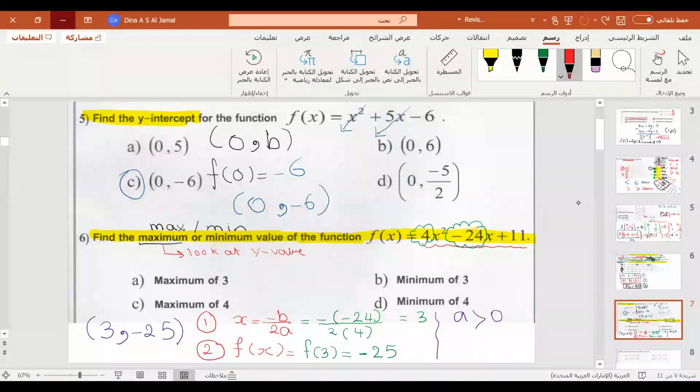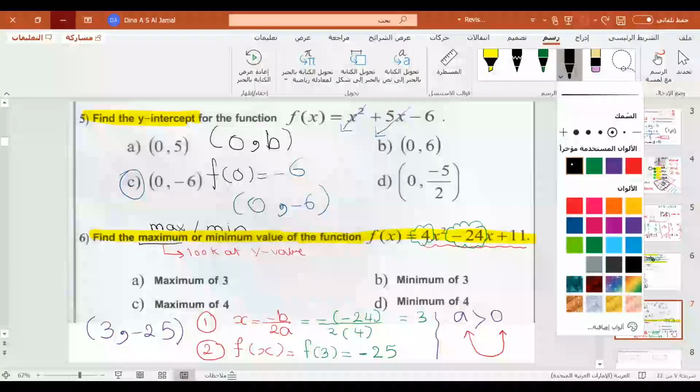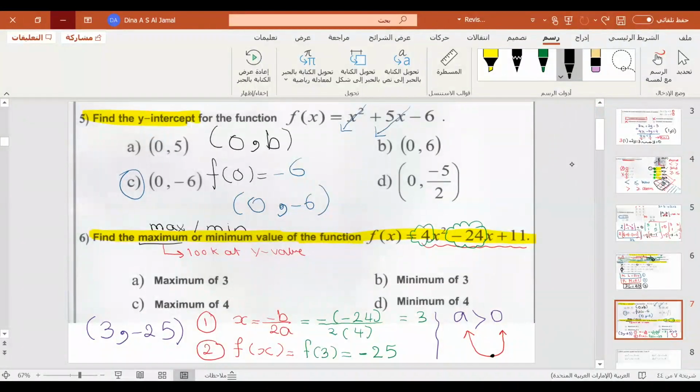That means it will be having a sketch of up like this. That means I'm having here minimum value of minus 25 at x is equal to 3. And pay attention to the wording that I'm saying. Let's look at the multiple choice.